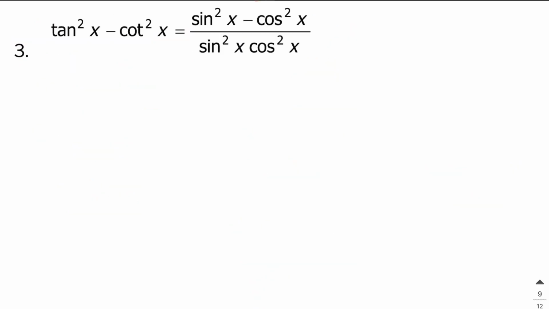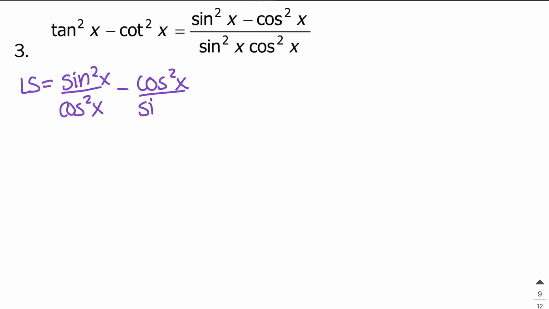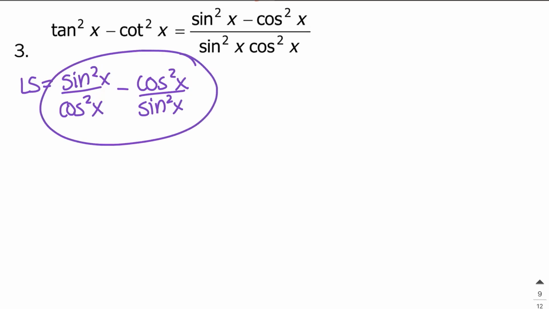Okay? All right, in our last example here, we've got our left side and our right side. Let's start with our left side because we've got tan and cotan, and I just want to rewrite this using sine and cosine. And right here, I have 2 different fractions. So again, I'm going to try to get a common denominator.